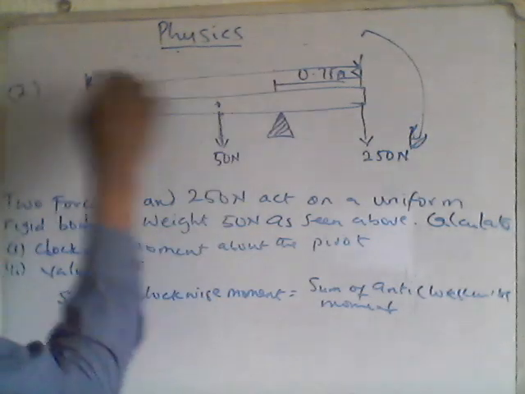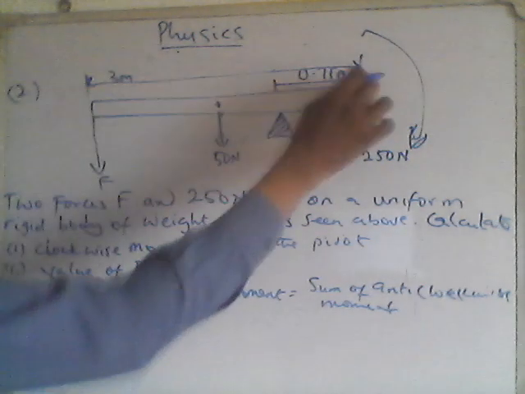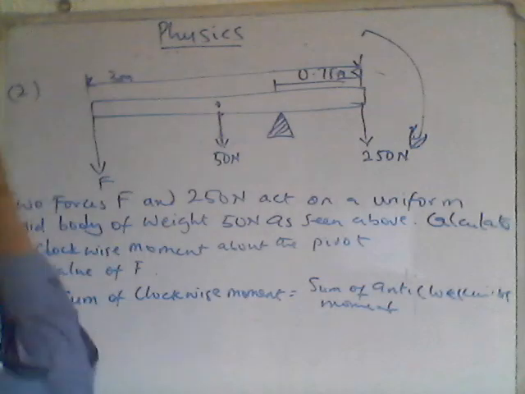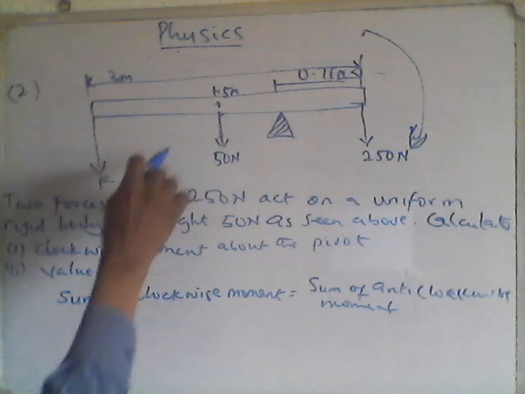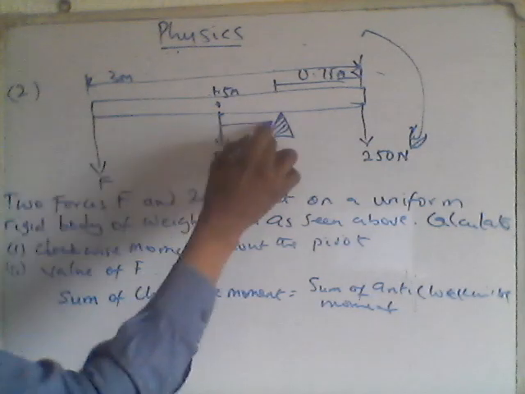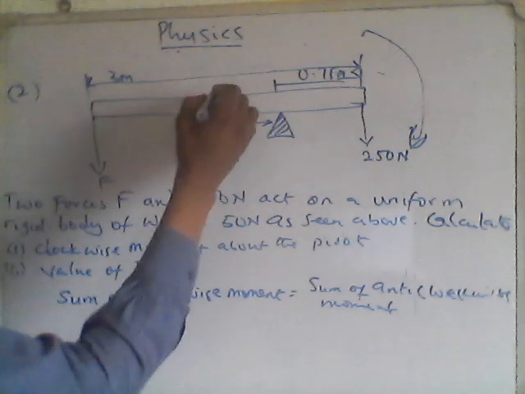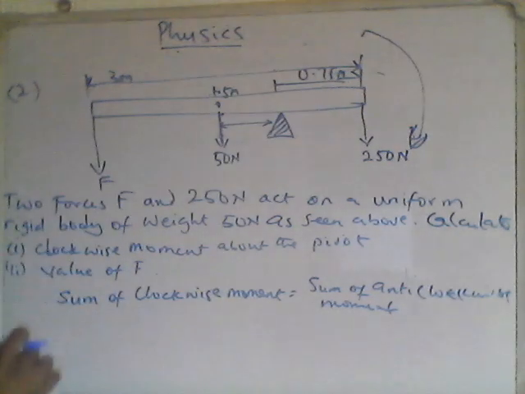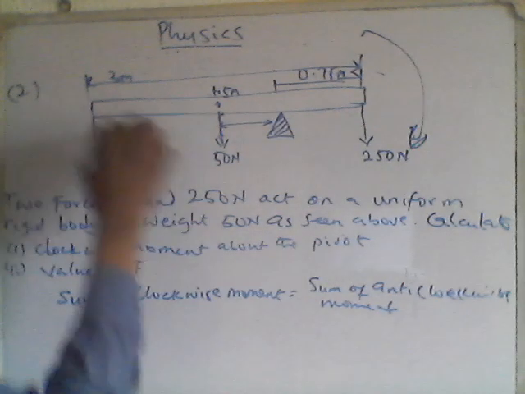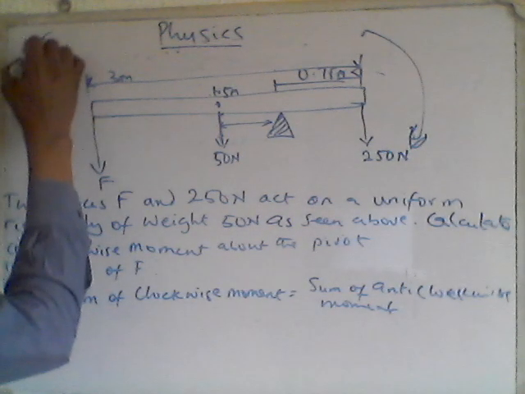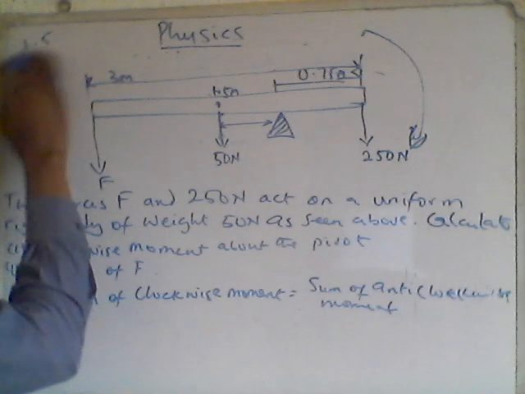If the whole of this is 3 meters, the center is 1.5 meters. So between this point and this point, I can get the distance by saying 1.5 minus 0.75.